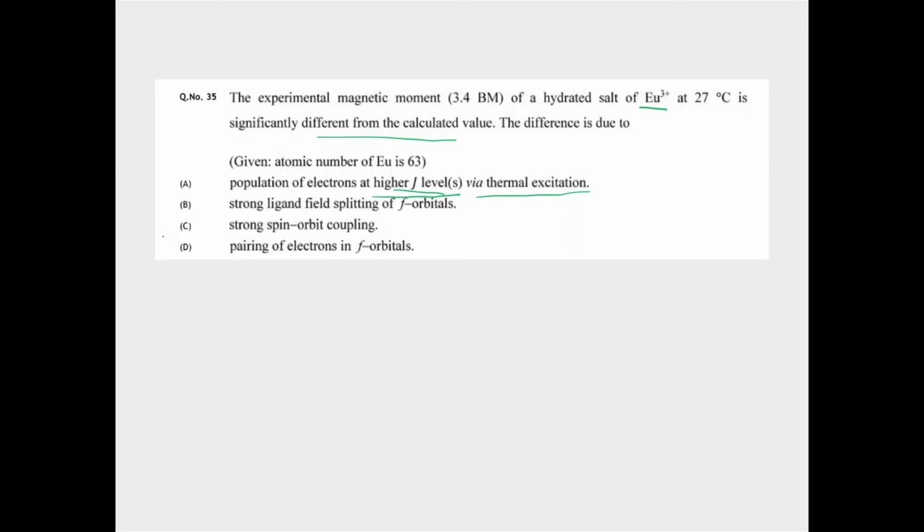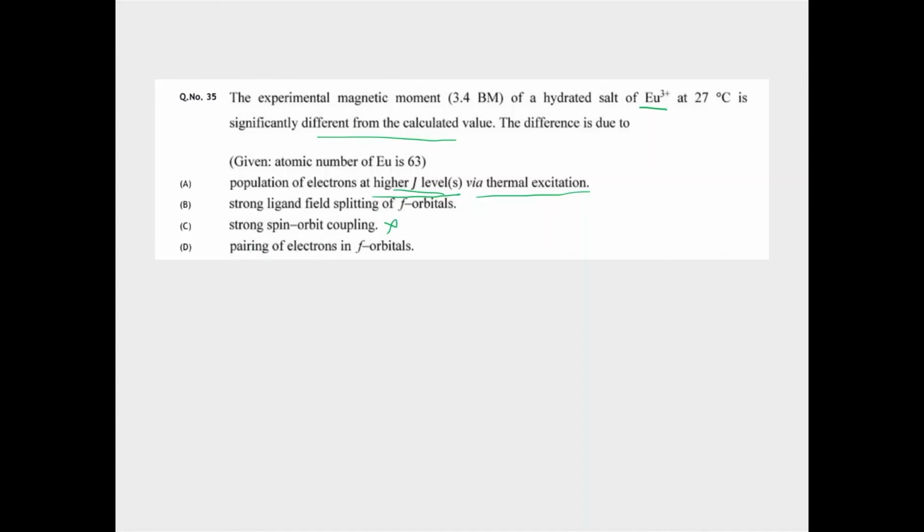The other options: strong ligand field splitting of f orbitals is true for f orbitals, but that has nothing to do with this question. Option C is strong spin orbit coupling. Strong spin orbit coupling is observed for all the other lanthanides except samarium 3 plus and europium 3 plus, so this won't be the option.